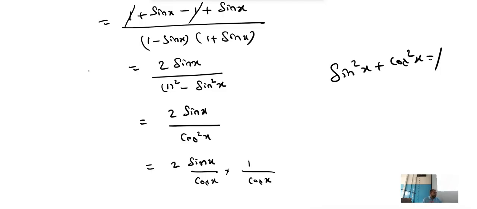Split cos x into two places, because it is cos square x. Then we can write 2 sin by cos, tan x, into 1 by cos, secant x. That is our RHS, hence proved. That's what he asked: prove that it is equal to 2 tan x into secant x. Therefore, LHS equals RHS.